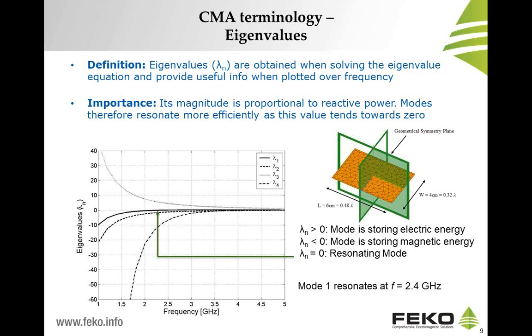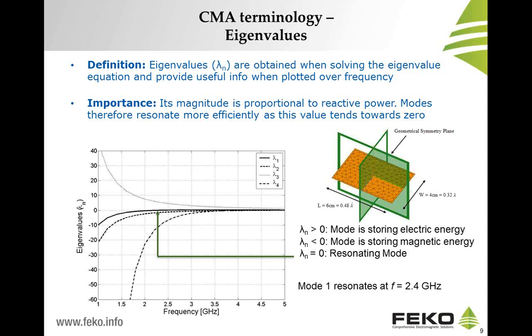I illustrate here on this graph the eigenvalues plotted between 1 and 5 gigahertz for this rectangular PEC plate, and we can see that around 2.4 gigahertz, this plate is of resonant length. When looking at the first eigenvalue, we see that this corresponds to our theory in that it is 0 around 2.4 gigahertz, where this mode resonates.